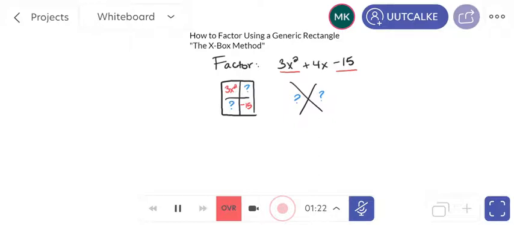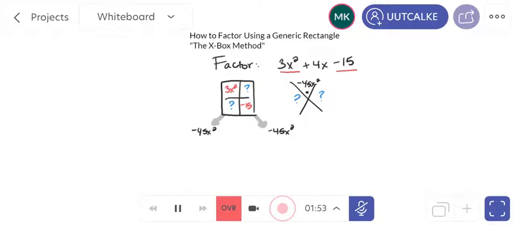We know that when we multiply 3x times negative 15, we should get the same thing as when we multiply the two missing values. That means that these values are going to multiply to negative 45x squared, just like 3x squared and negative 15. That's what I'm going to write at the top of my diamond problem, because these are what the values multiply to.